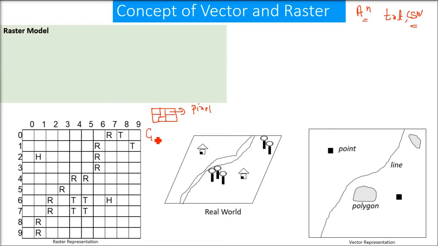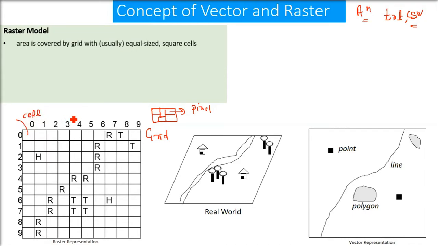So in a raster model, the information is stored in the form of cells in a grid structure, rows and columns. Each piece of information is stored in a cell. So the area is covered by a grid with normally equal sized, square kind of cells.